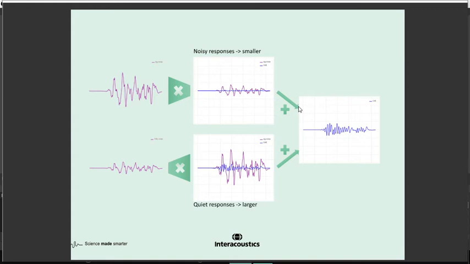In the case of the small one, we scale it bigger. The small one has a higher percentage of OAE and a smaller percentage of noise, so the OAE gets scaled up a lot more, whereas with the large one, it gets scaled down. We add all those together and rescale at the end. The advantage of that is we get to a cleaner result faster. That's the first advantage.